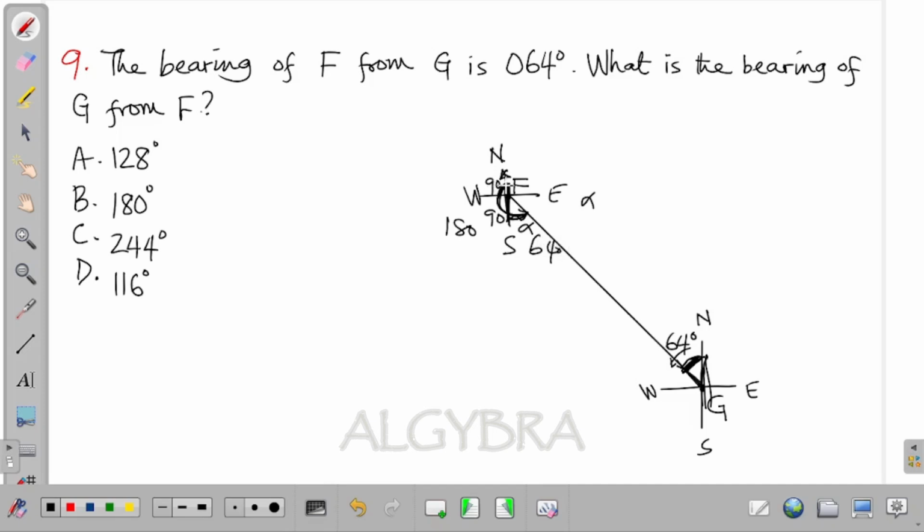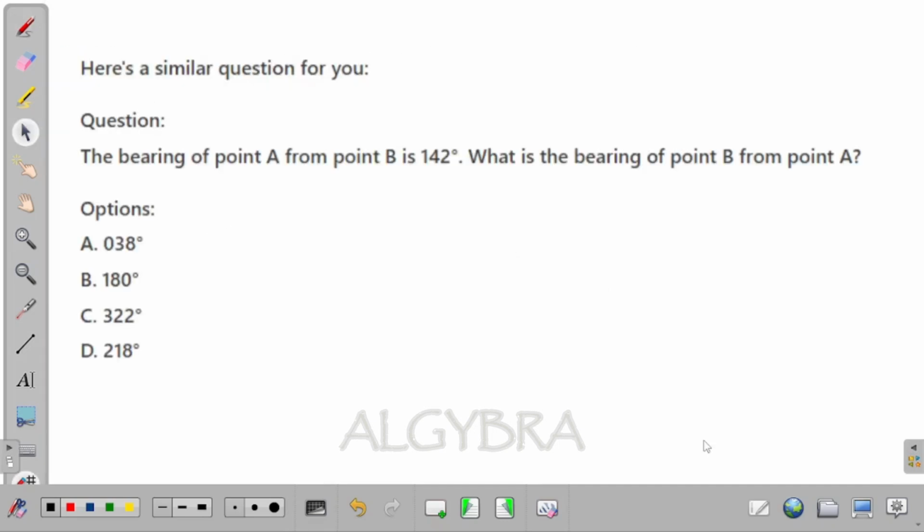If I want the total angle from the north to this point, I add 180 plus 64 degrees, and 180 plus 64 is equal to 244 degrees. Therefore, the bearing of point G from F is 244 degrees.